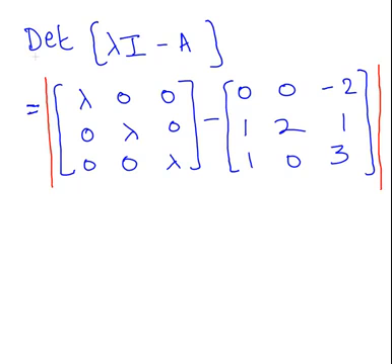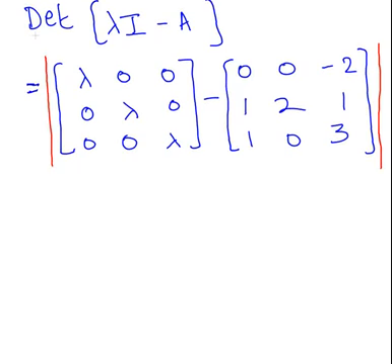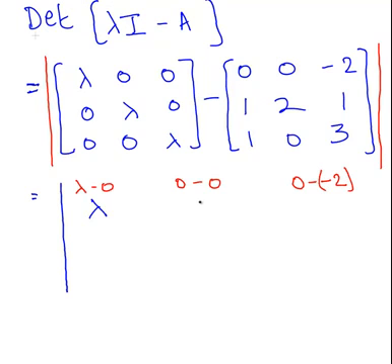I'm just going to simplify this expression to have a nice easy-looking answer. I'll write a few workings here. The top row is lambda minus 0, 0 minus 0, and 0 minus minus 2, which works out to lambda, 0, and plus 2.